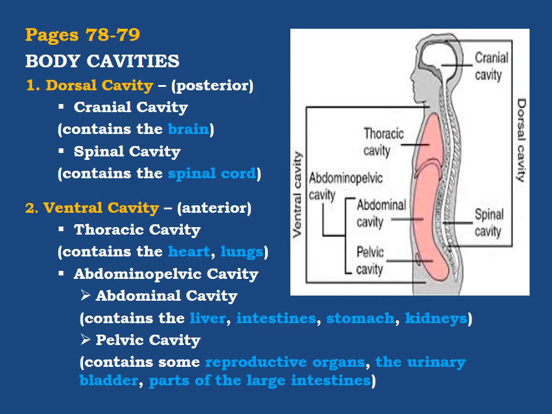Now, the abdominal cavity contains the liver, the intestines, whether small or large intestines, the stomach, the kidneys. And in the pelvic cavity, we can find the reproductive organs, the male and female organs, the urinary bladder, parts of the large intestines also.